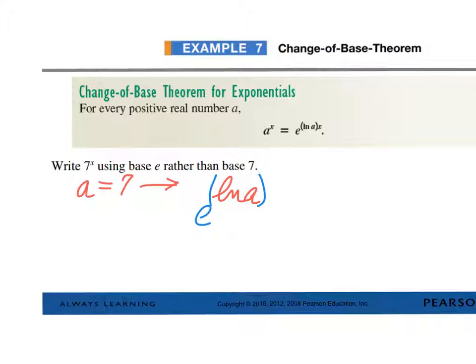And then we retain our x as part of that power. So if you have a base raised to the x power and you want to write it as an exponential with base e rather than base a, then all you need to do is add the natural logarithm of whatever the base is to the power on the e.